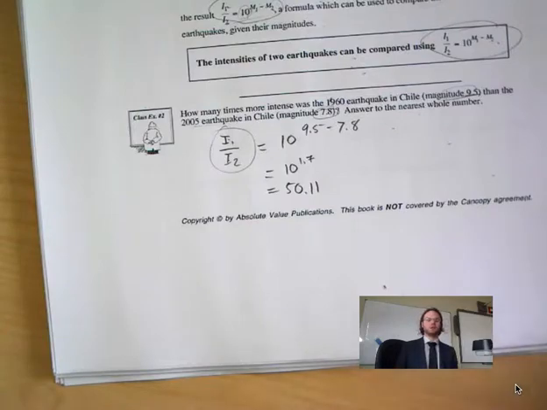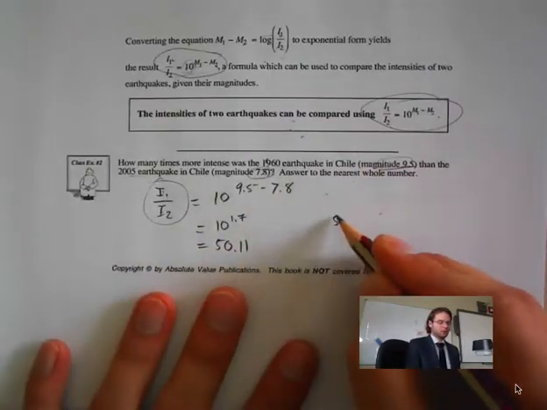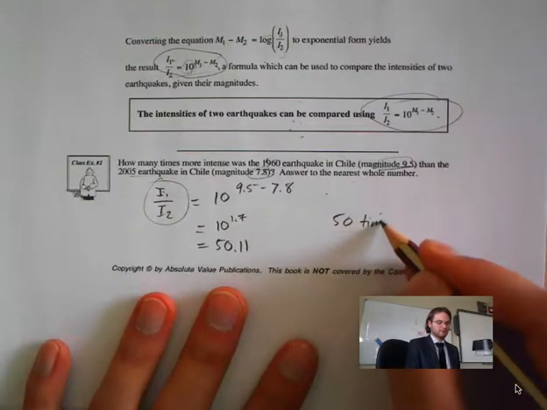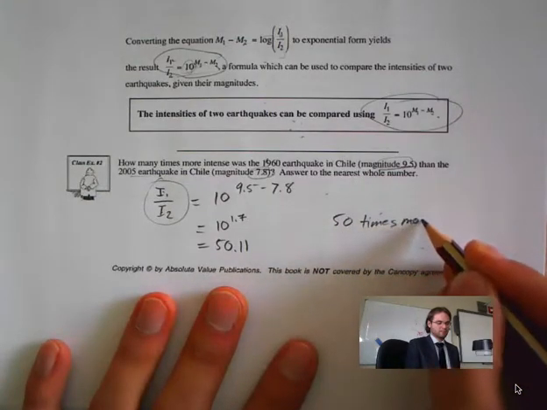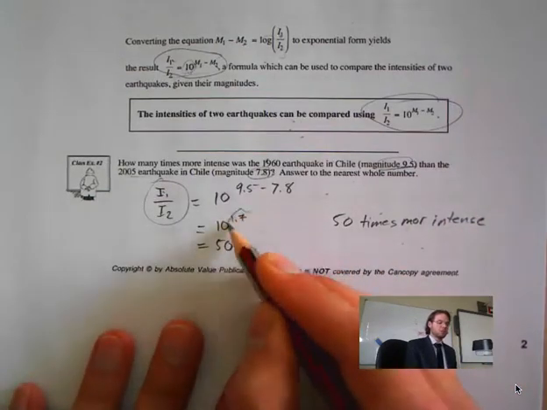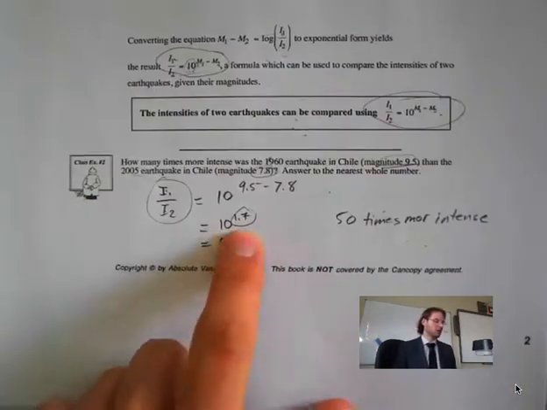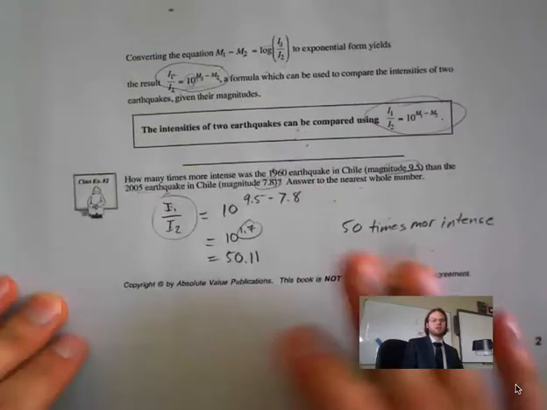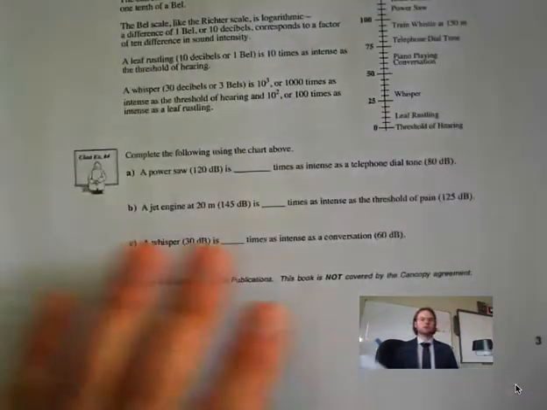Okay? That's how we do that one. So then it is 50 times more intense. Okay? Because it's 1.7, that's hard to do. That's not going to be 100, it's not 10, it's in between, and it's 50 times more intense.